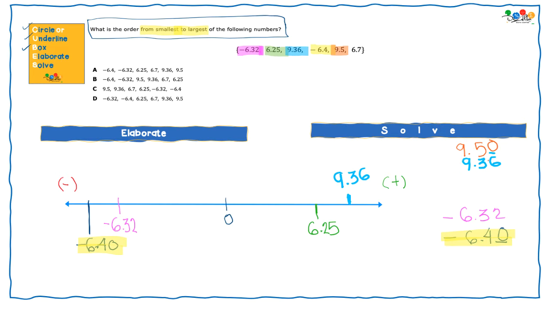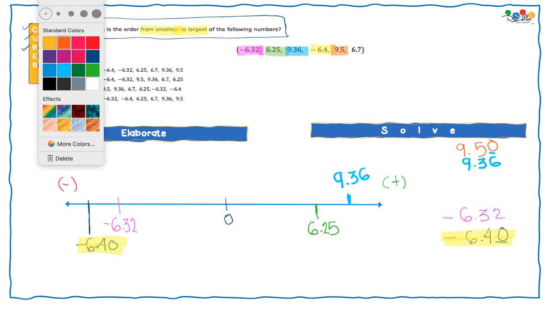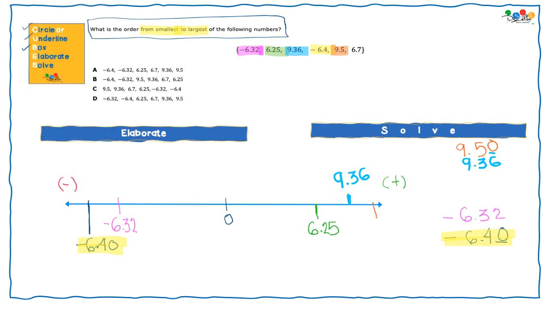I want them to have the same digits because then it's easier to compare them. So 9.50 should be where? Before 9.36 or after? Right, it's after, because it's like 950. Great. So I'm going to put it maybe here, and I'm going to make the line a little bit larger so they won't be crowded. So here I'm going to put my 9.50. Great.